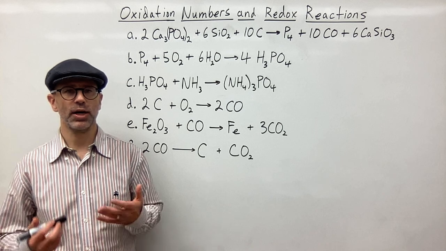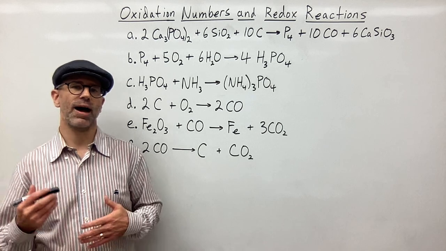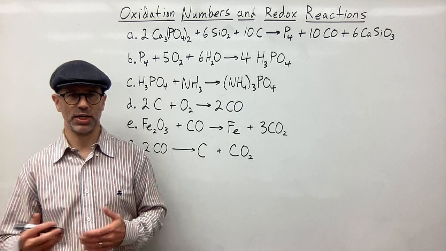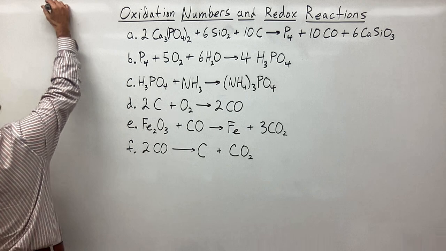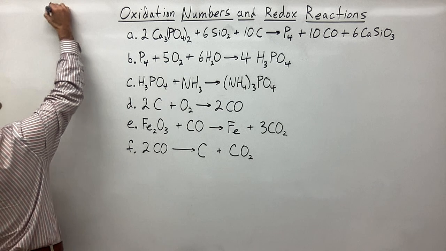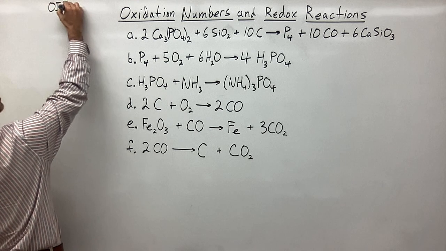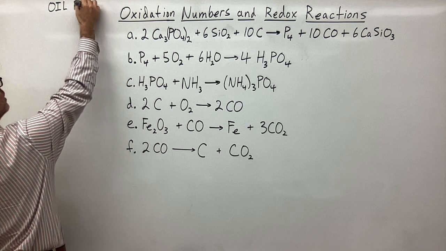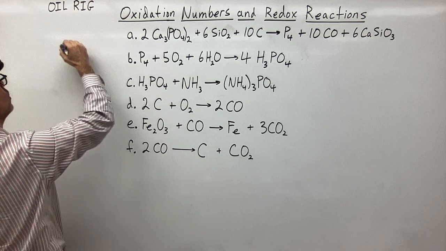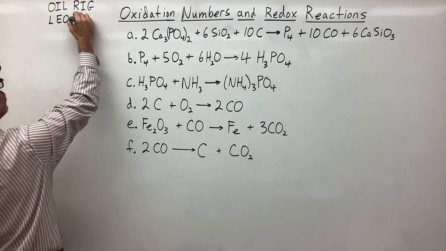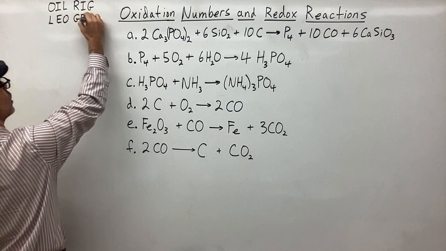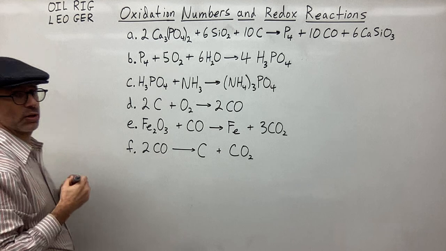So the first thing we want to do is remind ourselves of how to identify oxidation and reduction. Remember the mnemonic device, OIL RIG, or if you prefer, LEO GER.